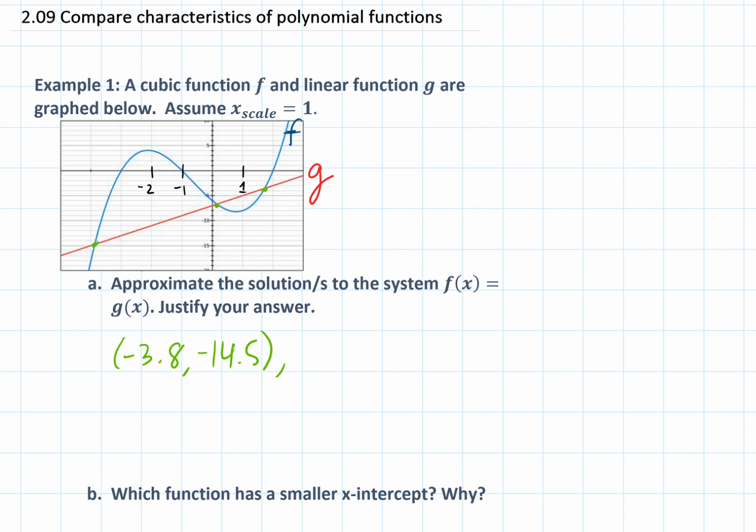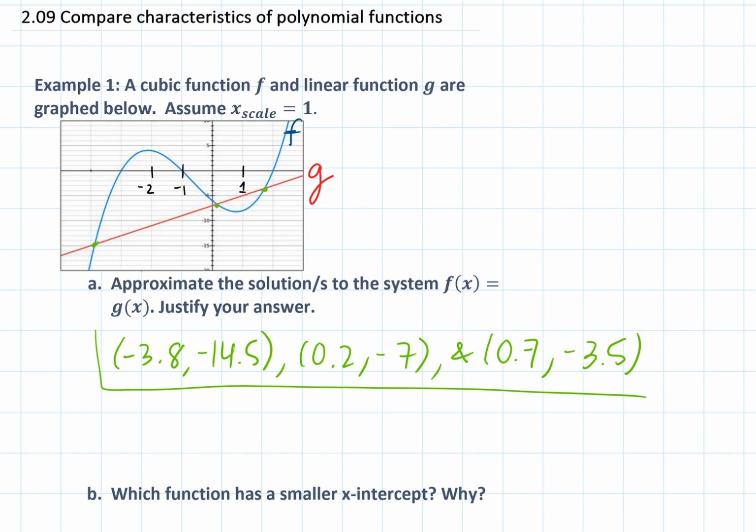Here we're going just a little past 0, so maybe 0.2-ish, -7 it looks like. And there's one more point of intersection, maybe 0.7 or so, -3.5.